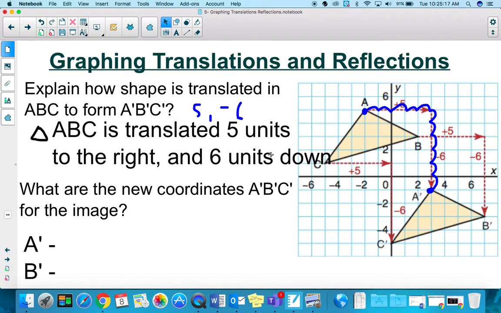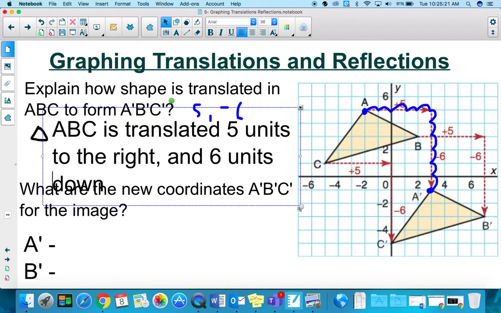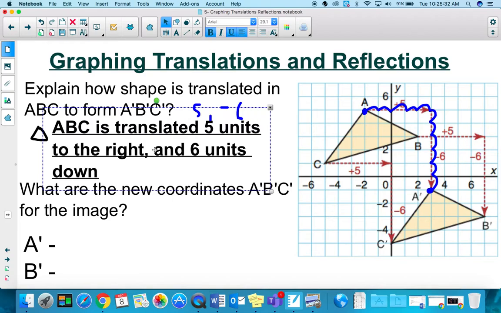Okay? So let me just actually fix that there. There we go. So we can say triangle ABC is translated 5 units to the right and 6 units down. Okay? So that's how we explain the movement of the shape to the image.